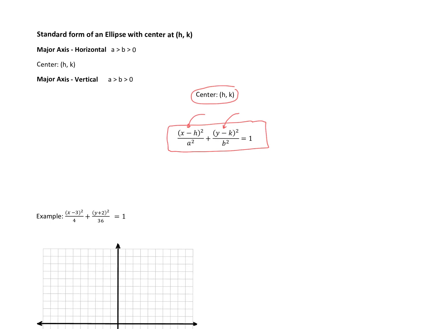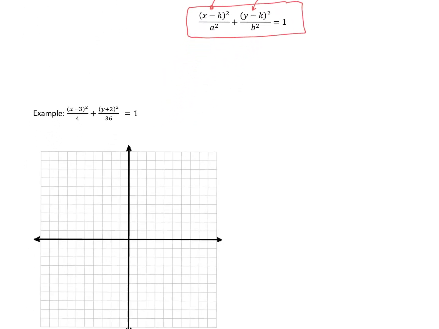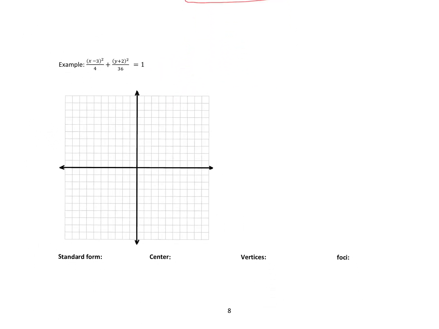So let's take a look at this example. It's in standard form already, so we'll just say check. Our center, hopefully you can see this, because the minus sign is part of the formula, we get positive 3 and negative 2. So that's my center right there. Now, everything I do is from this location.